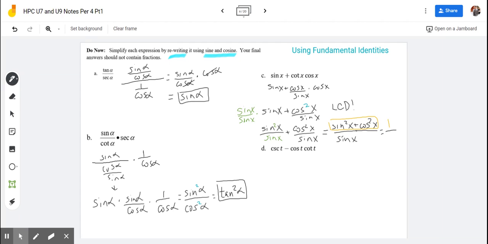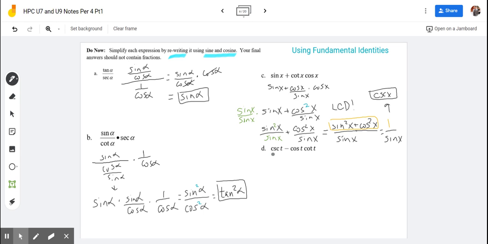So we're replacing the whole numerator with just 1 over sine. And then 1 over sine is cosecant, because, again, no fractions for our final answer. So our final answer, without any fractions, would just be cosecant x.